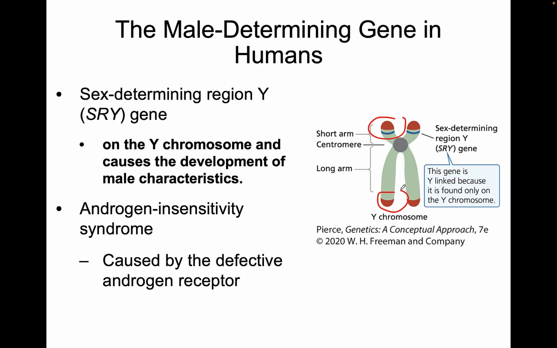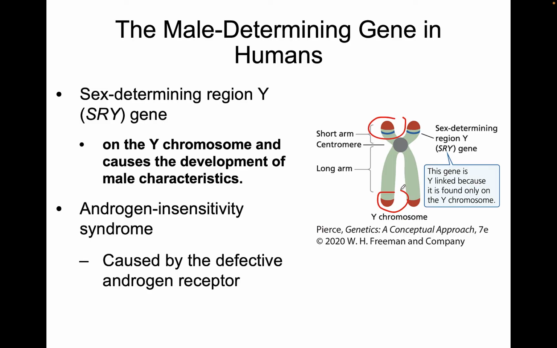Normally, you're going to see testosterone stimulate embryonic tissue to develop male characteristics, but what you see in individuals with androgen insensitivity syndrome is they lack the receptor. So even though the testosterone is being secreted, it's not able to activate the pathway because the receptor is absent. Okay, so this also tells us that this androgen receptor is necessary for male development.